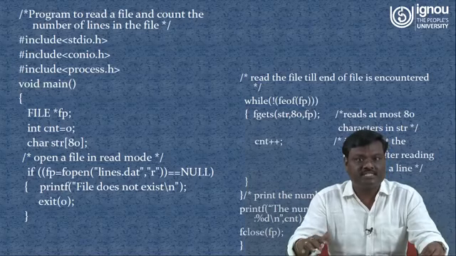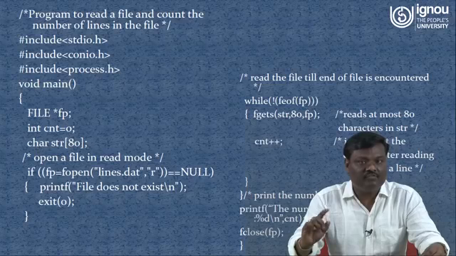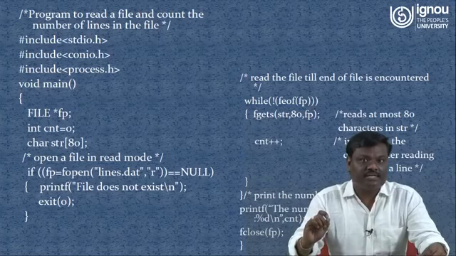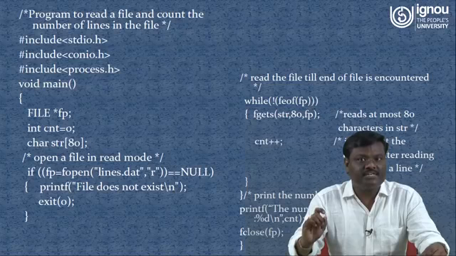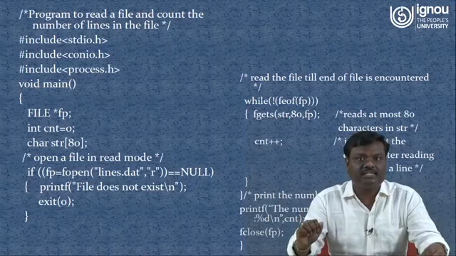If it exists, look here, we have written a while statement: while not end of file, that is feof within brackets FP. Till end of file, fgets reads the string str, comma 80, comma FP. It reads at most 80 characters in the string, that is the upper limit that we had given for a line.